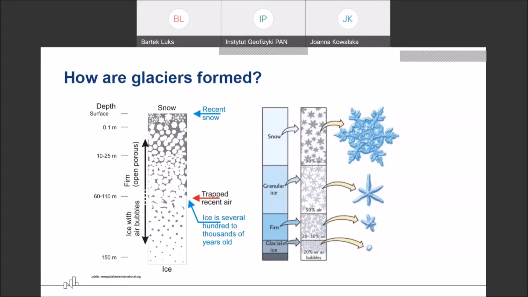But to have them formed, we need specific conditions. The temperatures have to be low, and there has to be enough precipitation. If there won't be any precipitation, or it's going to be very dry areas, then we won't have glaciers there. There are places in Antarctica which are called dry deserts, and it's cold enough, but it's also too dry.